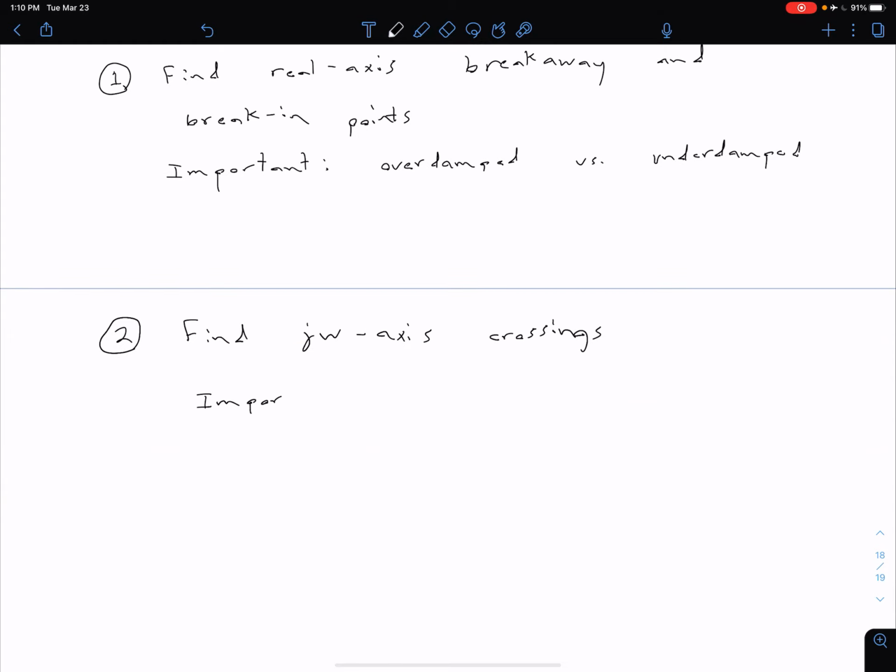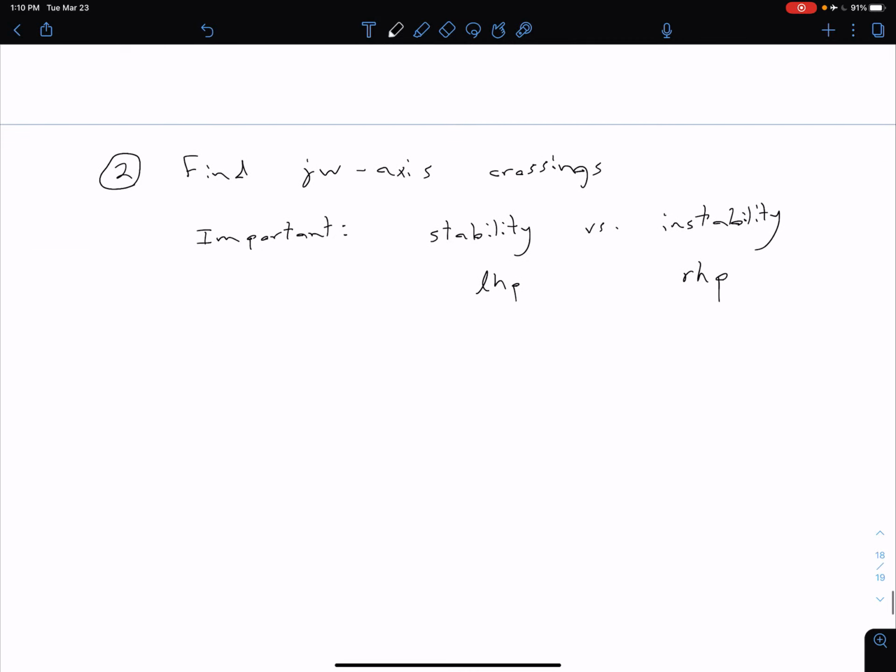So this is important because we are determining that demarcation point between stability and instability. And so under that we can put our stability as the left half plane, our instability as the right half plane.